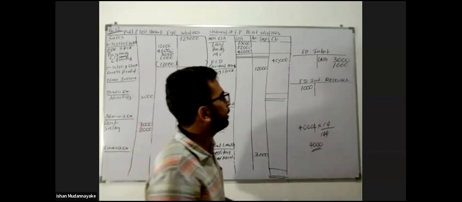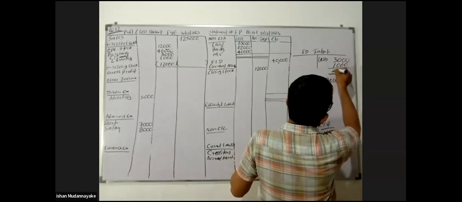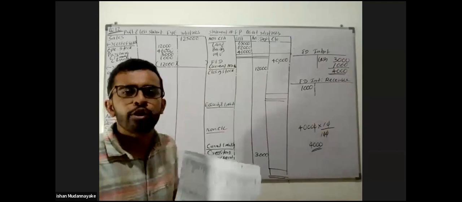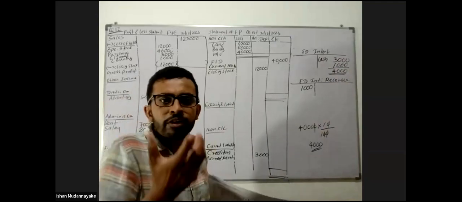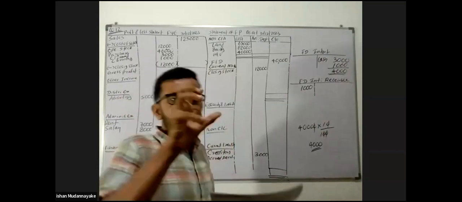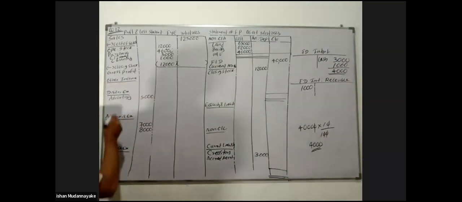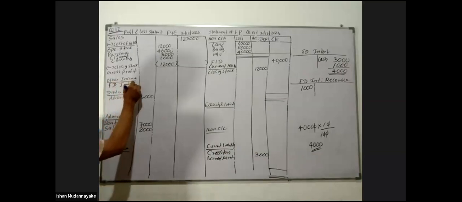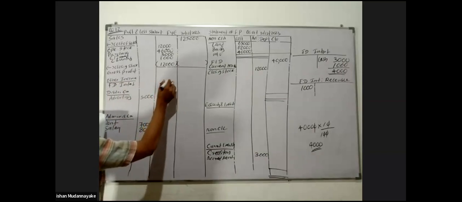Total fixed deposit interest income for the period, how much? 4,000. The relevant amount should be recorded under other income. Write down fixed deposit interest under other income, 4,000, in the second column.